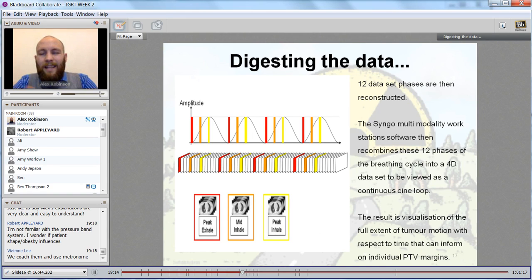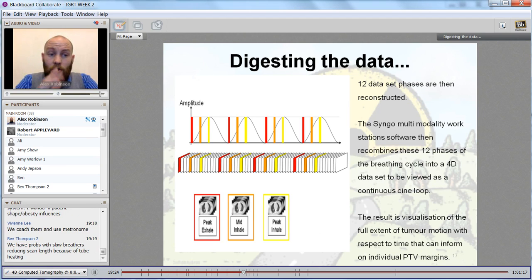Essentially, it doesn't make a massive difference. The patient's not getting irradiated more or less if we do more phases. It's just the amount of data that your department wishes to take, and we have to consider that if I'm doing 12 CT scans, that's 12 times the amount of data that I normally have.